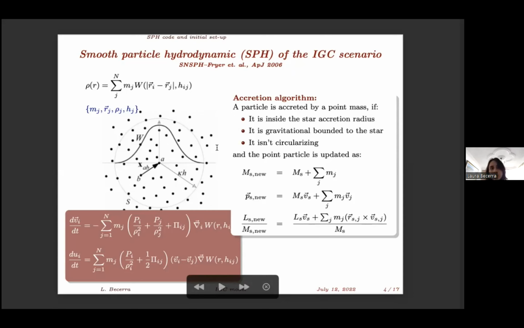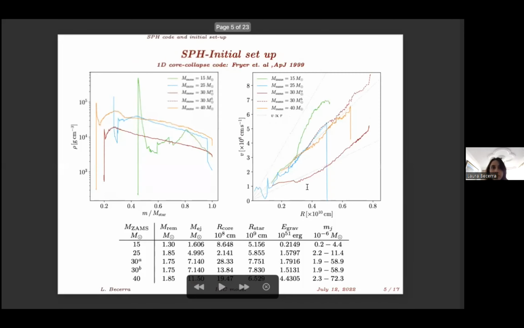If a fluid particle fulfills these conditions, we remove it from the simulation and add its mass, angular momentum and linear momentum to the point particle quantities in order to conserve these quantities.